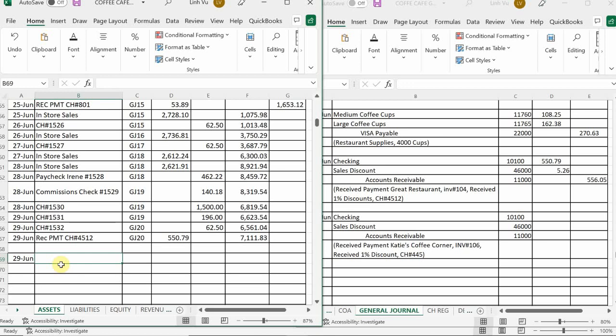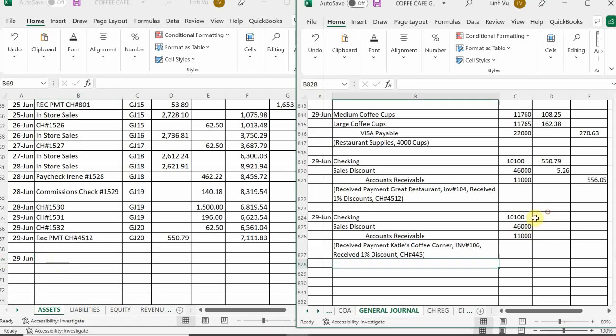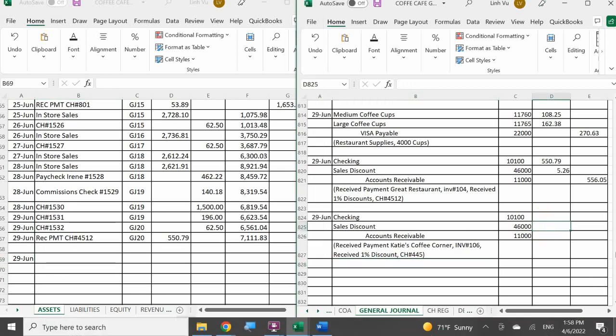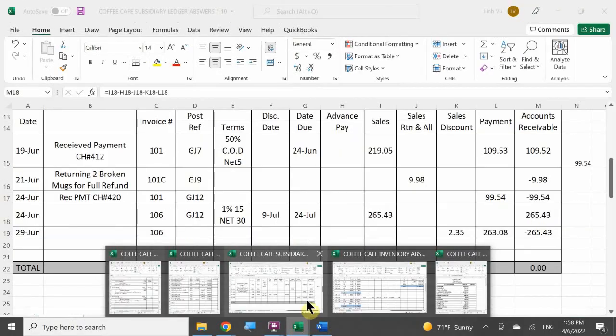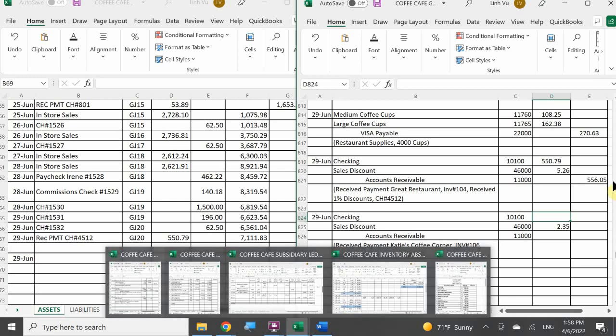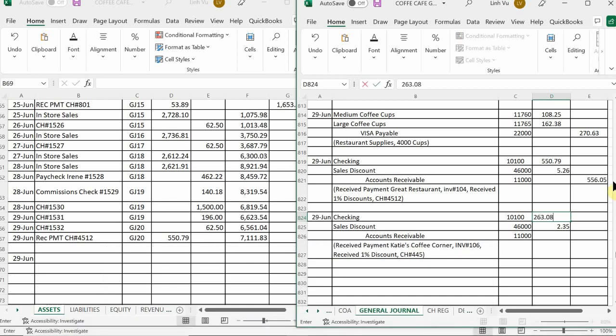How much was the check that we received? $265.43.